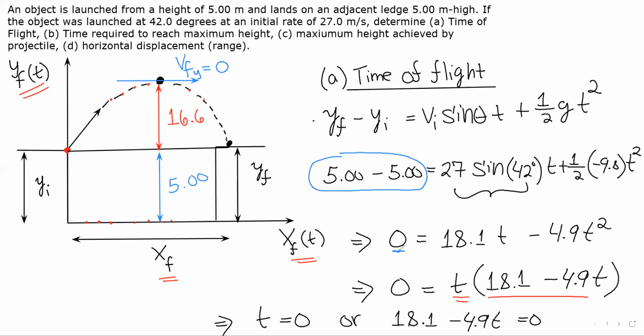My left side will be 0 either way. But if you approached the problem that way, you would get a height of 16.6, and then you'd have to remember to add that height to my initial height above the ground, which is 5. So just a thing to keep in mind.